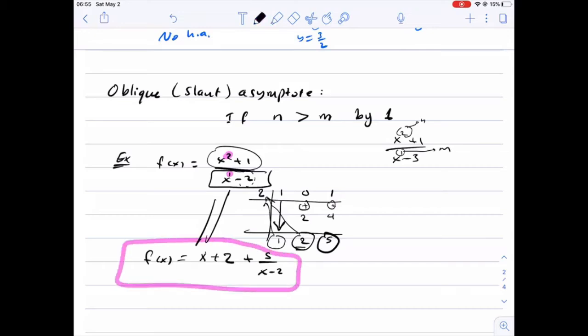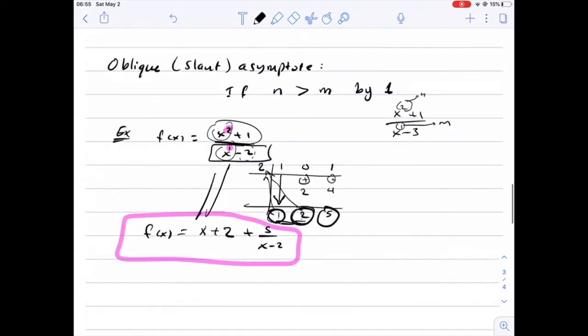It's x plus 2 because the coefficients here are 1 and 2, and when we divide x squared by x, we get x. We reduce the power of the numerator by 1, so that's linear, and the coefficients are 1 and 2. So 1 is the coefficient of x, 2 is the constant term.